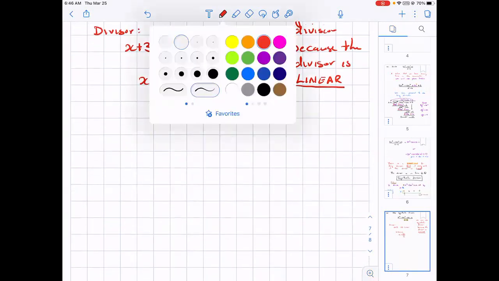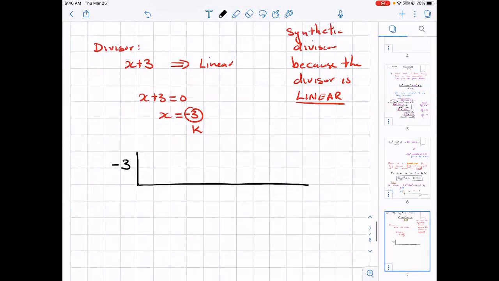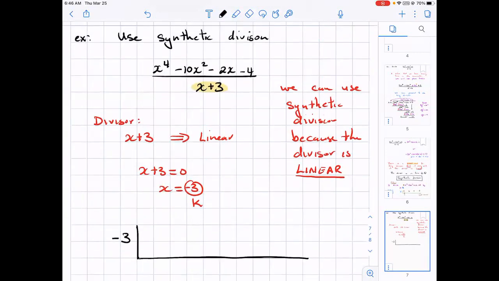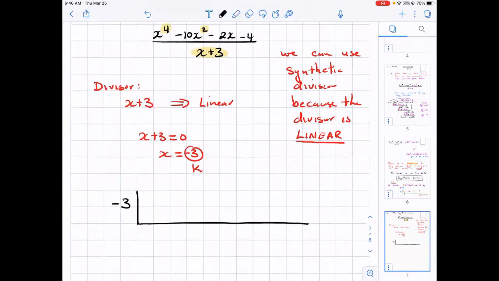So if we set this up, here we'll put minus 3. Now likewise, notice that there is a missing term. You head straight from x to the fourth to x squared, so we're going to have here the coefficient 1, then the coefficient 0. This is our placeholder.